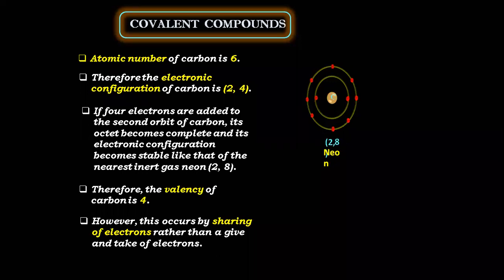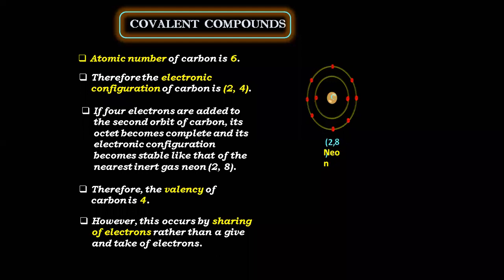If carbon is sharing 4 electrons, it is sharing, right? Now let me ask you, oxygen. What is the atomic number of oxygen? Atomic number of oxygen is 8. Very good. What will be its electronic configuration? 2, 6. What is the valency of oxygen? 2.